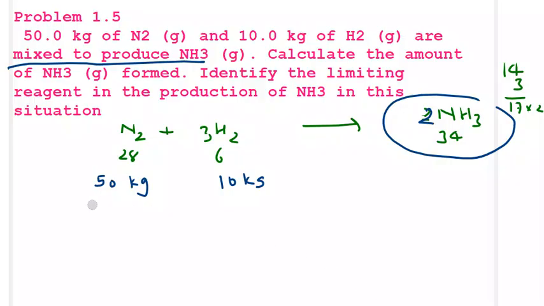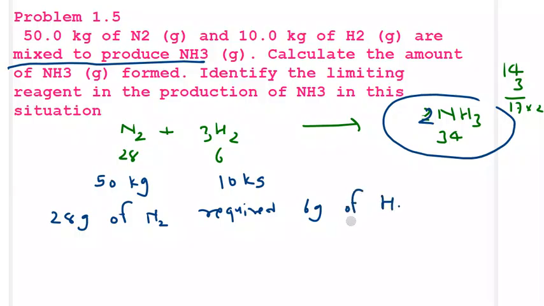From the above equation, what we observe, 28 gram of nitrogen requires 6 gram of hydrogen. So 1 gram of nitrogen will require 6 upon 28 gram of hydrogen.